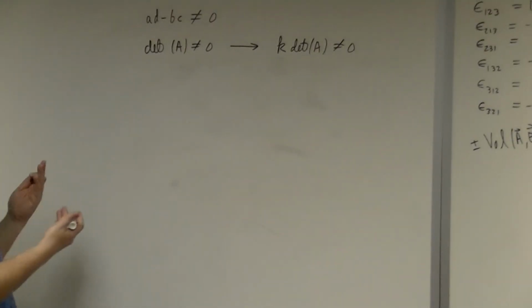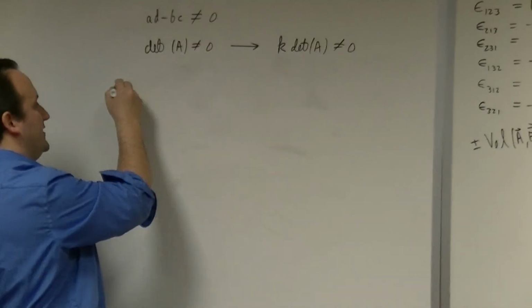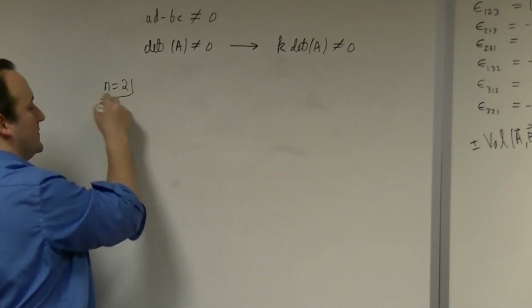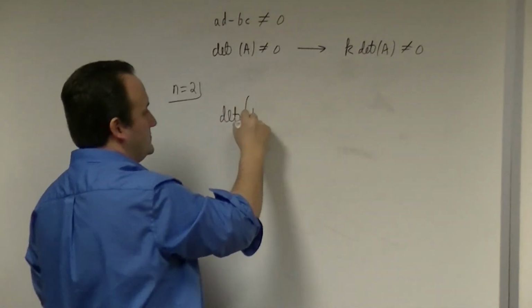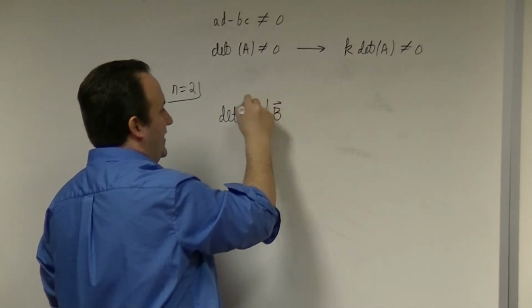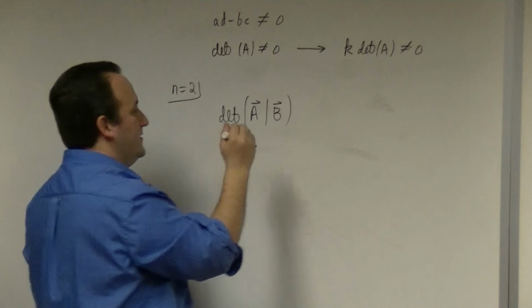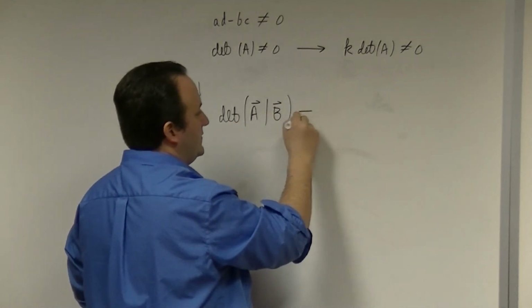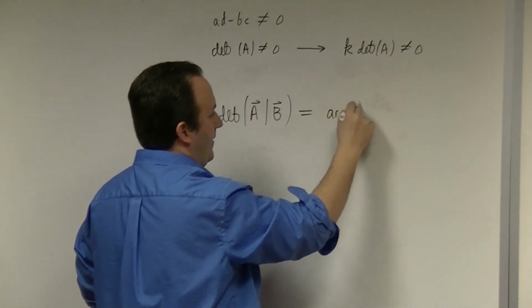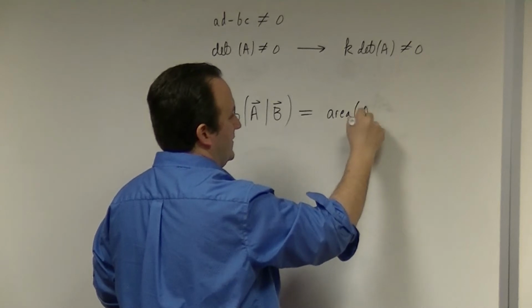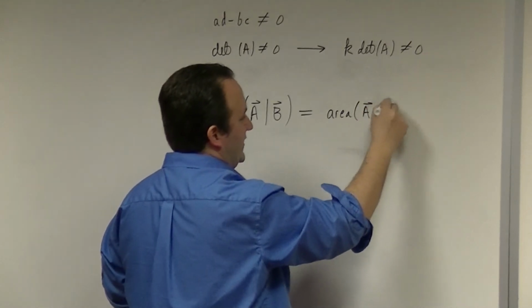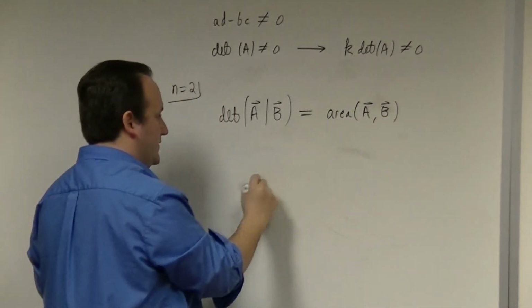And it also gives you a sense of orientation. So for n equals 2, if I look at the determinant of, say, vector A and vector B, two-component vectors, then this is equal to the area of the parallelogram with sides A, B, provided the picture looks like this.